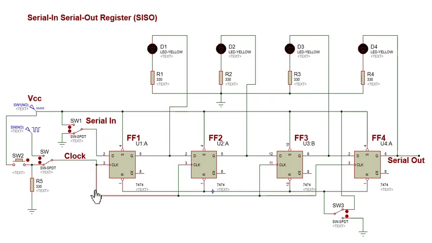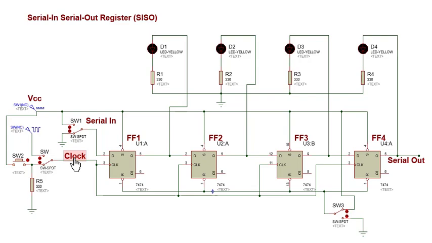At the arrival of the clock signal, the first data bit is loaded to the Q output of the first flip-flop, flip-flop 1. The next data bit is loaded to the first flip-flop only upon the arrival of the second trigger pulse from the clock source.